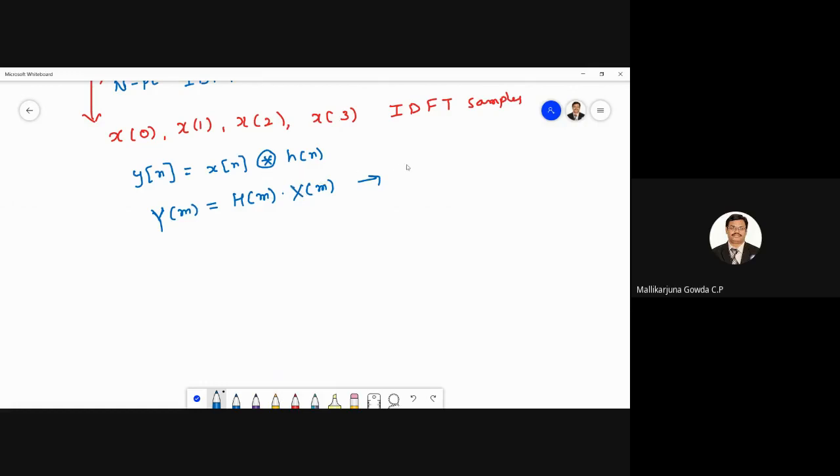So this circular convolution becomes a product in frequency domain, right? Product in frequency domain.